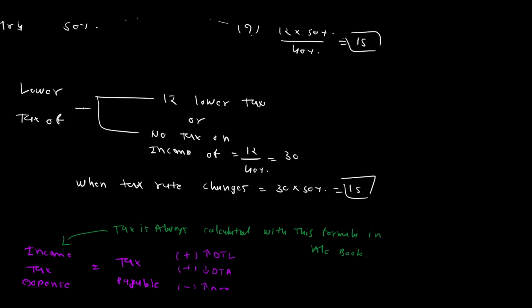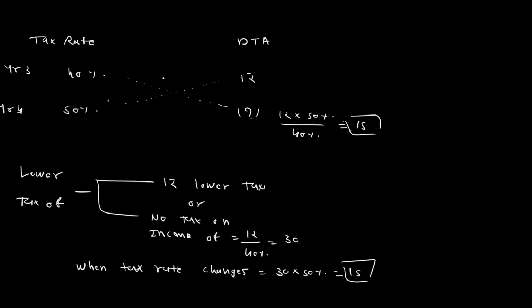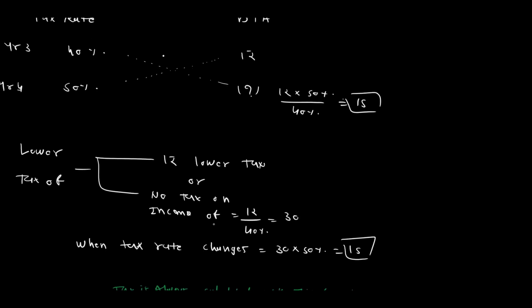DTA means I have paid extra tax of rupees 12. But on what income? 12 divided by 40% is 30 rupees. I have shown 30 rupees extra income, and I have paid 12 rupees on that extra 30.